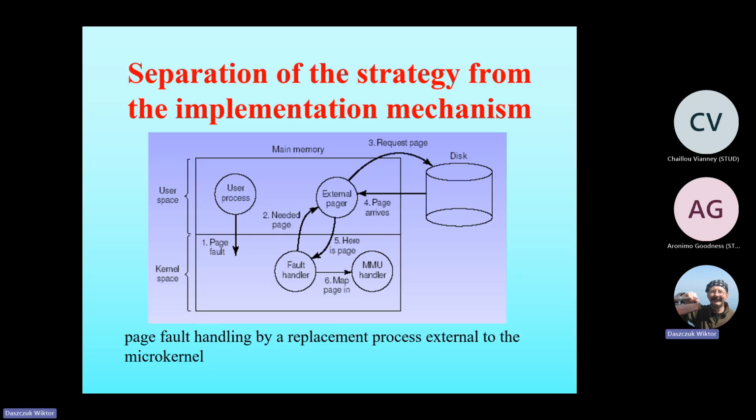The picture suggests that this process runs in user space. Typically, it is not true. It runs in the operating system, maybe in user mode, but not in user space.